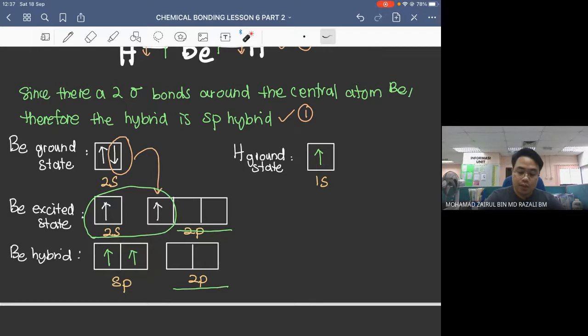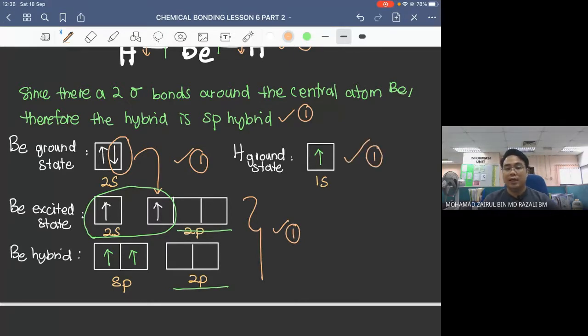So kalau awak dah buat ni, ground state ini satu markah, excited state and hybrid ini satu markah. For the terminal atom pun awak akan dapat satu markah. Okay, dia lagi 3 markah itu awak akan dapat daripada orbital overlapping diagram dia.